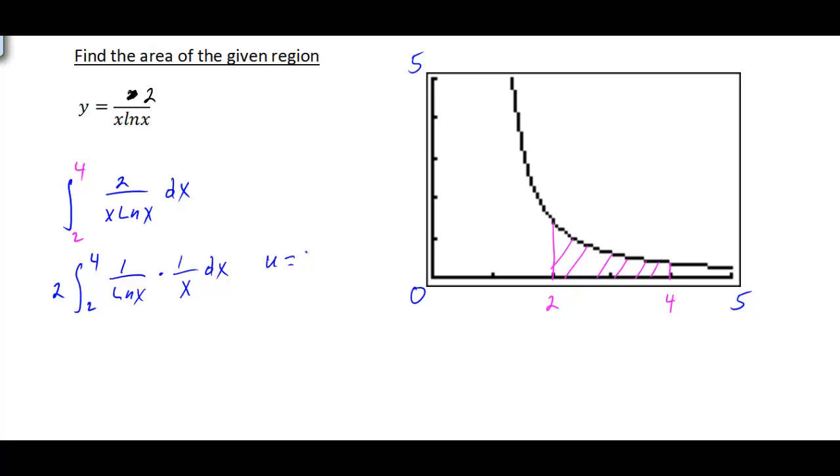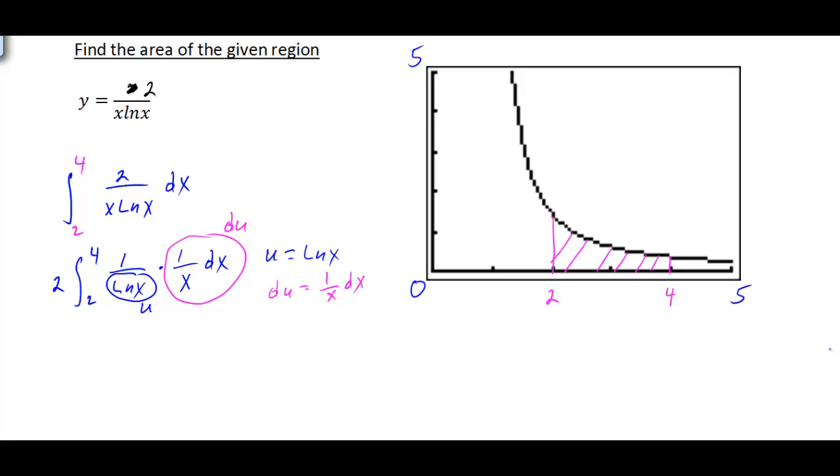equal, just like we did in a previous example, ln of x. And then the derivative of u is going to be 1 over x dx. So here we have 1 over x dx is our du, and the ln of x is u. So what do we have?